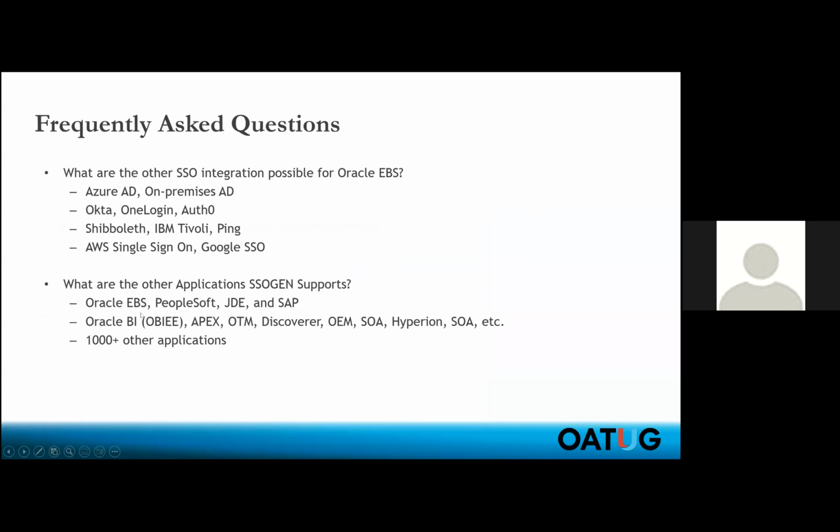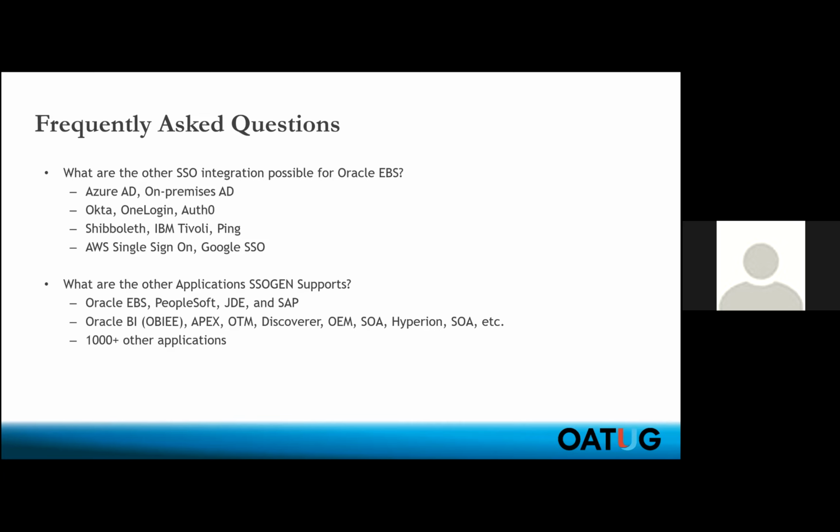And some of the frequently asked questions: is it only AD, or can something else be integrated with EBS? Basically, you can integrate it with any SAML provider or OpenID, OAuth kind of providers, OpenID being based on OAuth too.